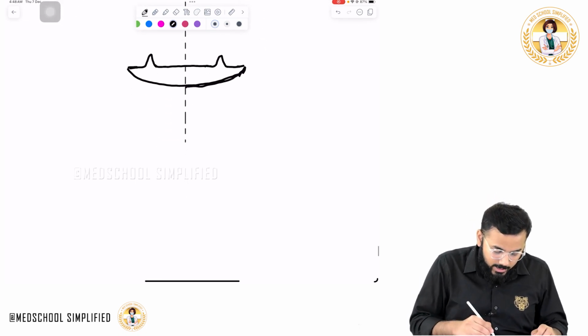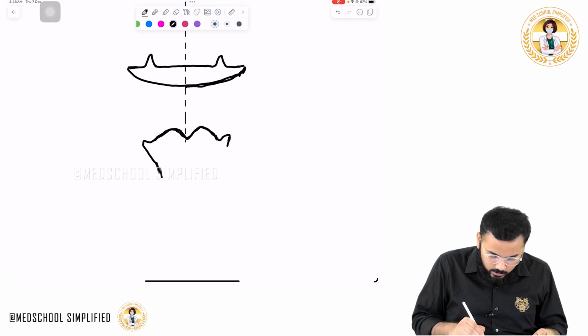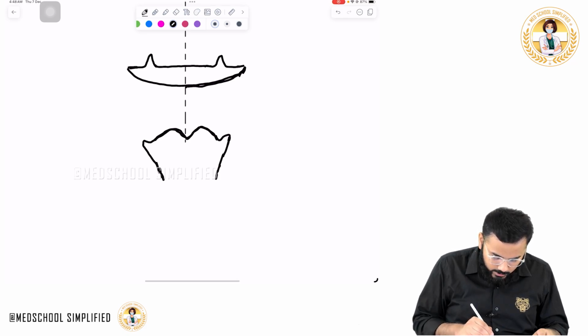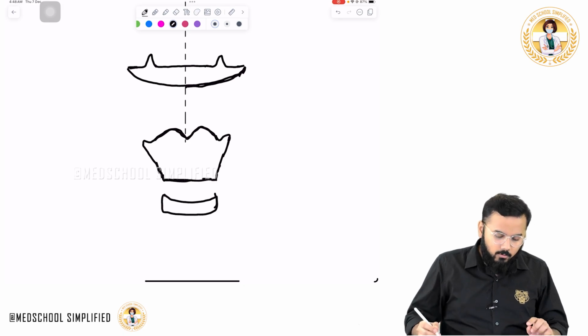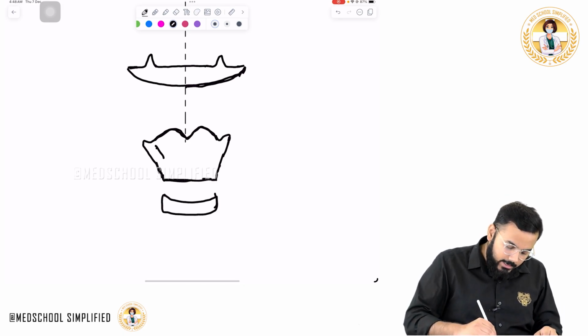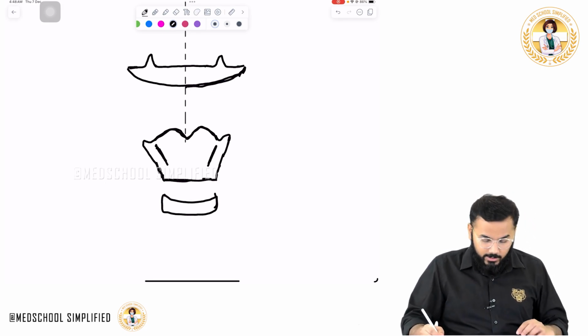Just beneath your hyoid bone you have this particular cartilage which I am drawing right now, your thyroid cartilage. Beneath your thyroid you have your cricoid. On the lateral aspects of the thyroid cartilage you have an oblique line. This is called the oblique line of the thyroid cartilage.